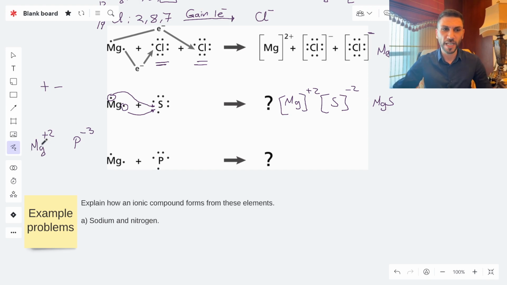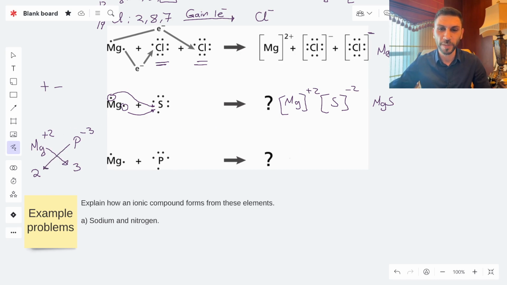So let's check now. The rule is I'm going to write only the number of the charge of the magnesium underneath it. So it's going to be number 2. And for the P, I'm going to write number 3 without the charges. So Mg will take number 3 in the compound, and P will take number 2 in the compound. As simple as this.